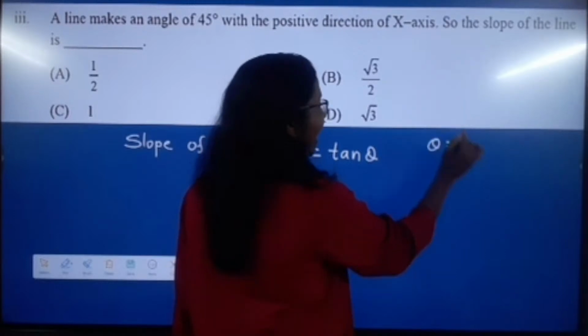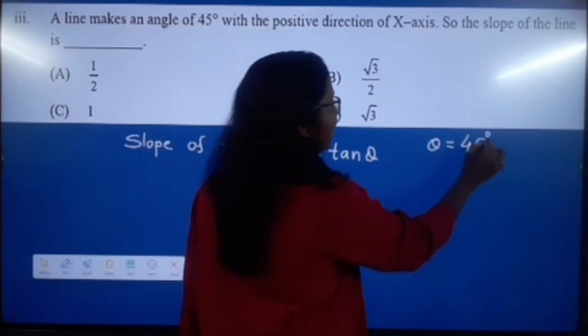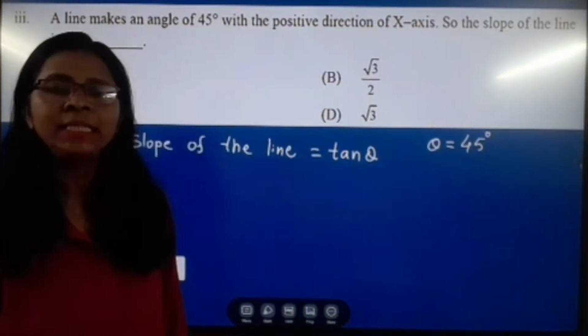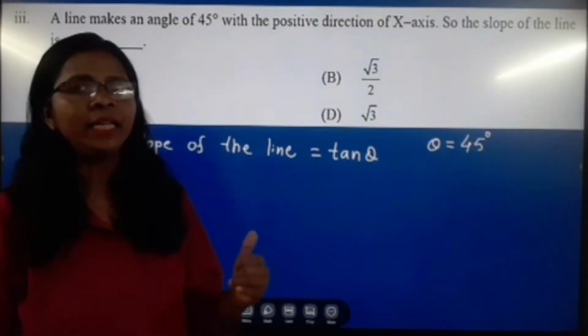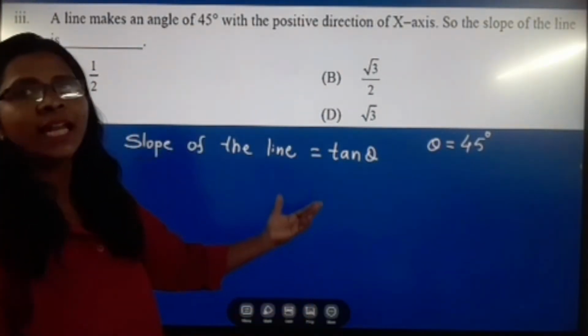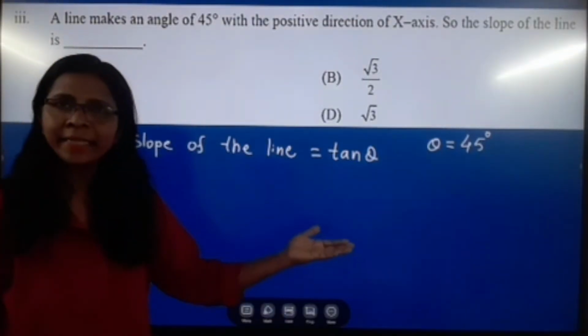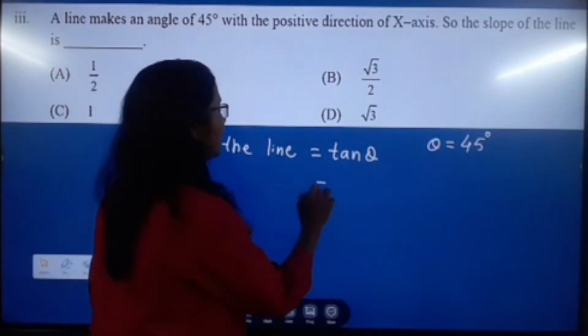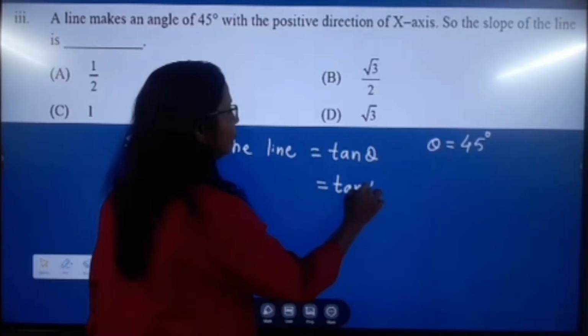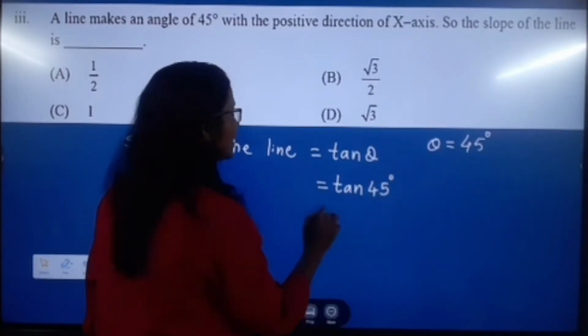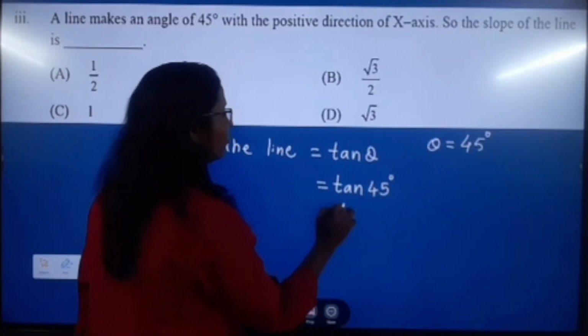Theta is equal to 45 degrees. So slope of the line is equal to tan 45 degrees, and tan 45 is equal to 1.